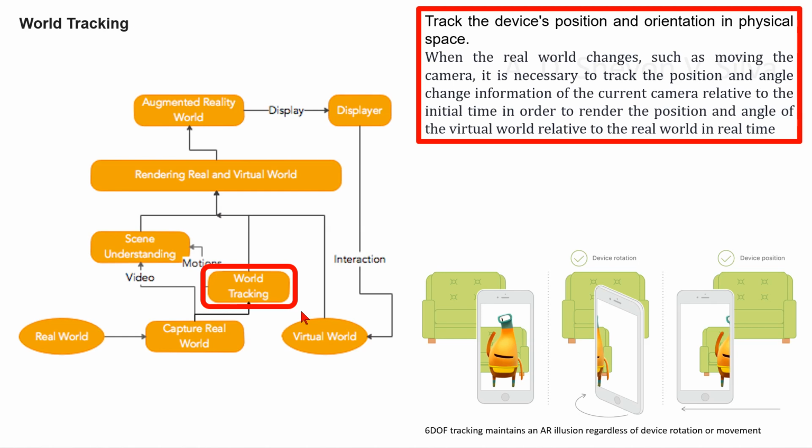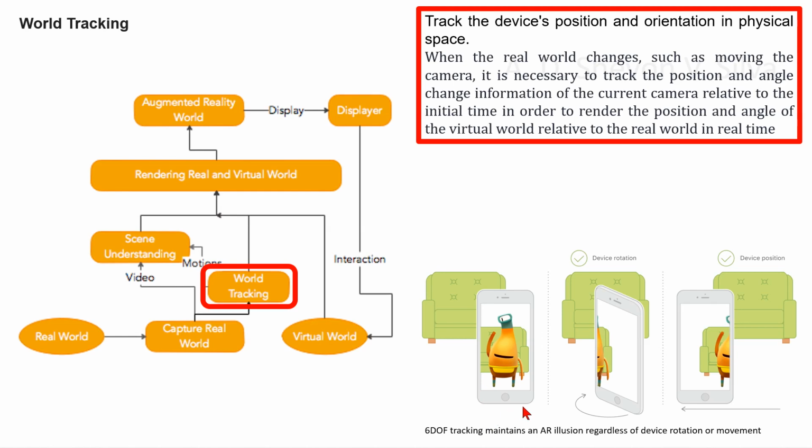When the real world changes, such as moving the camera, it is necessary to track the position and angle change information of the current camera relative to the initial time in order to render the position and angle of the virtual world relative to the real world in real time.